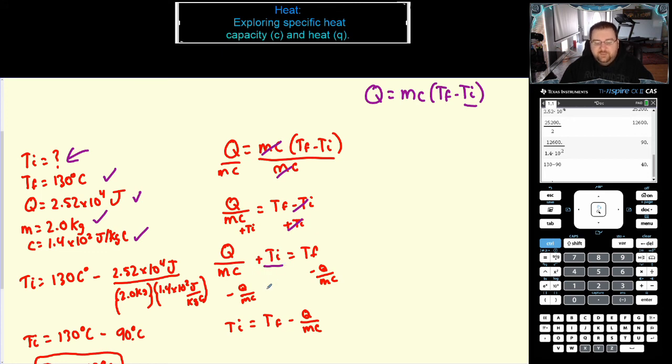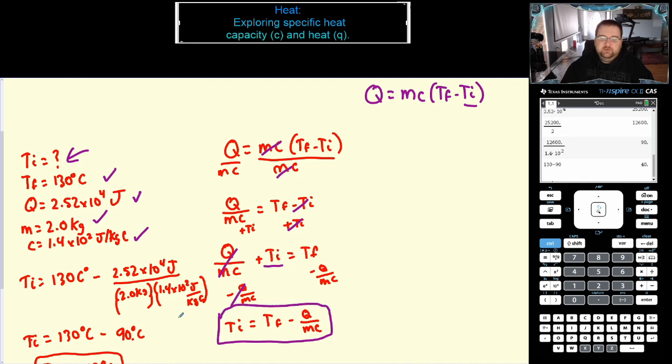And remember, we want this to be by itself and we want it to be positive. So that's why I moved it to the other side to make it positive. Now I'm going to get rid of this whole thing by subtracting it to the other side. And you're left with Ti equals TF minus Q over MC. And this is the formula that we're going to use.